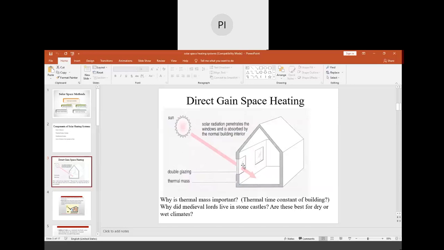That means in the daytime it absorbs all the thermal radiations incident on it, and at night time it slowly liberates the heat absorbed by the tiles. So this is one of the methods. The important component here is thermal mass. The flooring material is very important in order to keep the room warm. This is one direct gain space heating method.